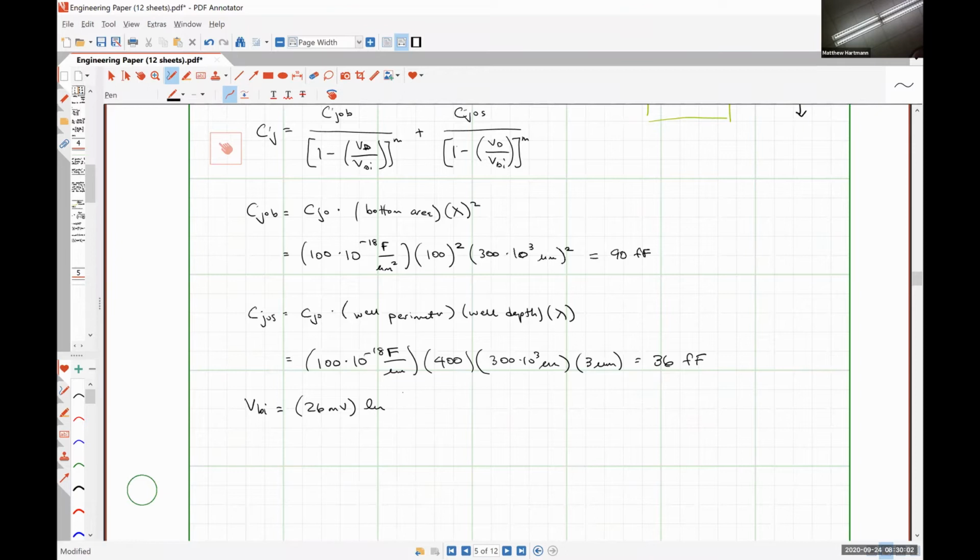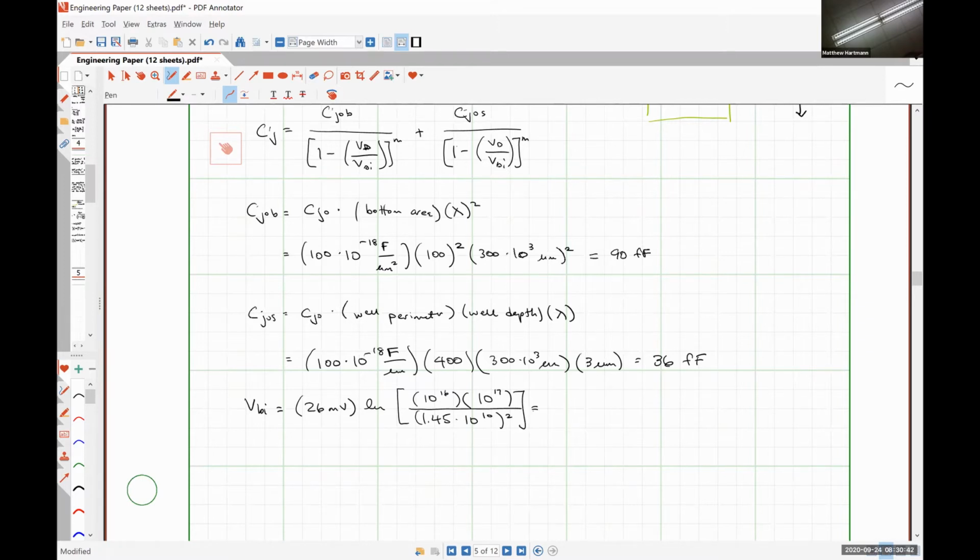Times the natural log of the acceptor concentration, which is the substrate, times the donor concentration, which is the well, divided by 1.45 times 10 to the 10, quantity squared.